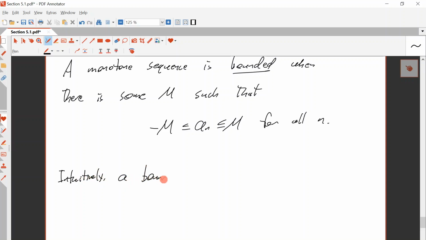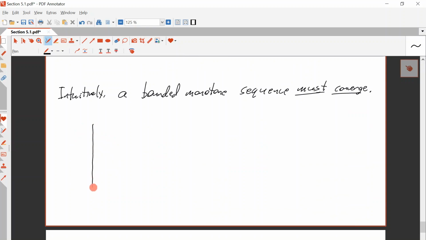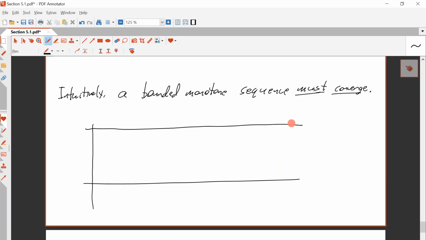And then intuitively it is clear that a bounded monotone sequence must converge. Here's the picture. I'm just appealing to intuition; I'm not giving you an actual formal proof. So here's this m, and here's your monotone sequence. It's not getting smaller, it's only getting bigger. But it can't keep getting too big too fast because it has this upper bound.